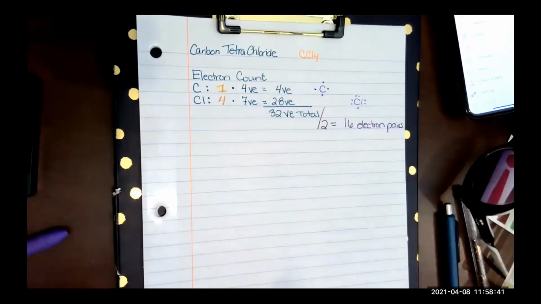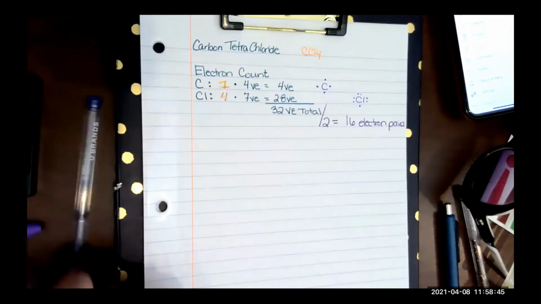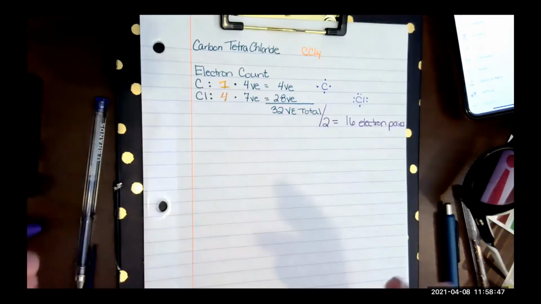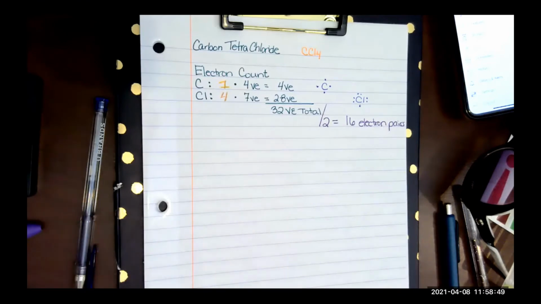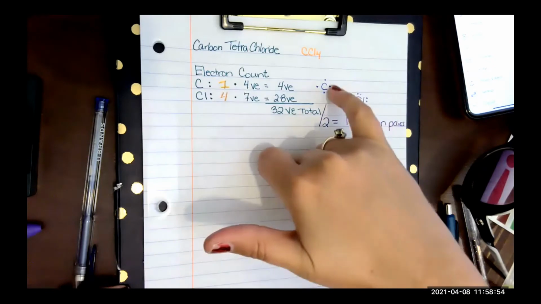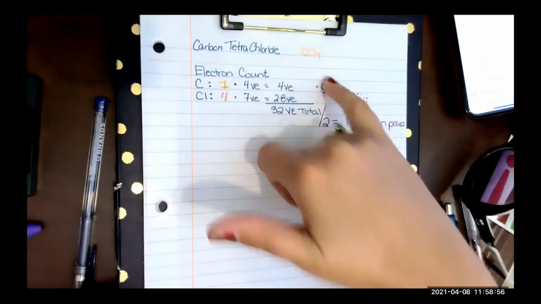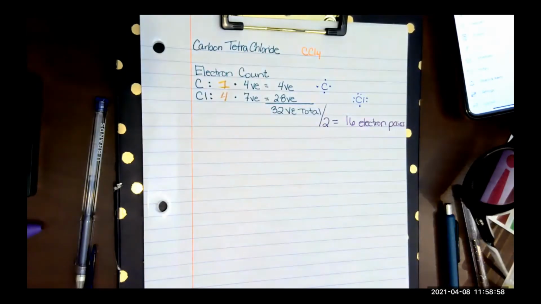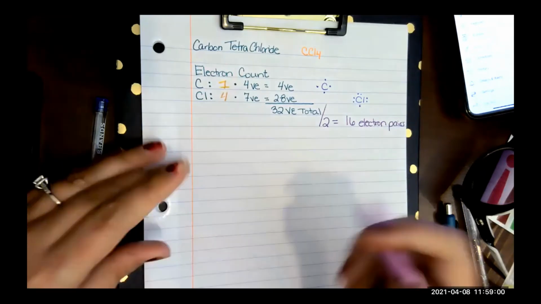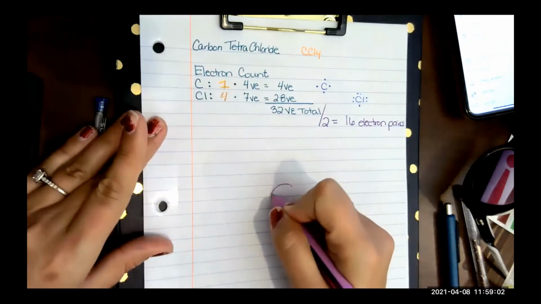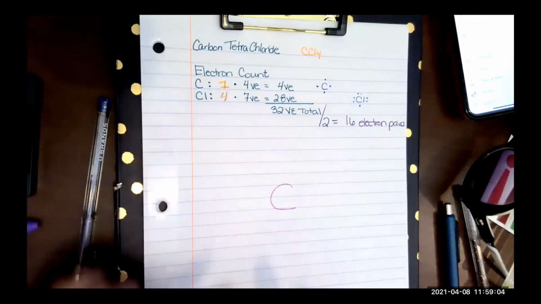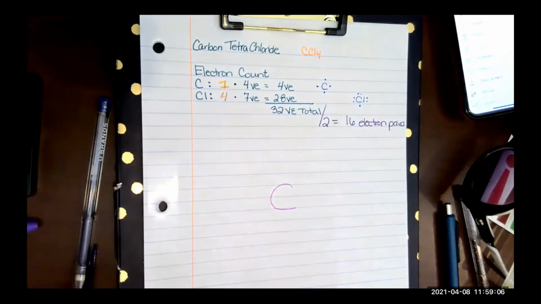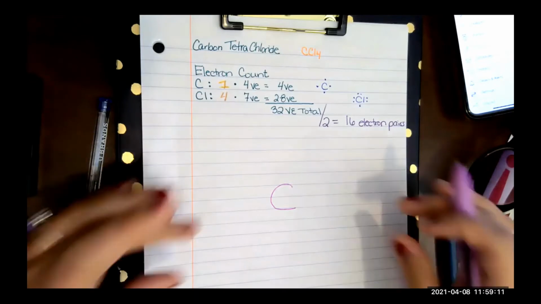So for your central atom, the one that's going to go in the middle, you're always going to put the element that has the most potential for bonding, because then it can hold the most things. So you're going to put carbon there because it has 1, 2, 3, 4 potential for bonding. Once you put carbon in, you put the chlorines around. You're not going to put 2 chlorines per side; think of it like a bonding port.